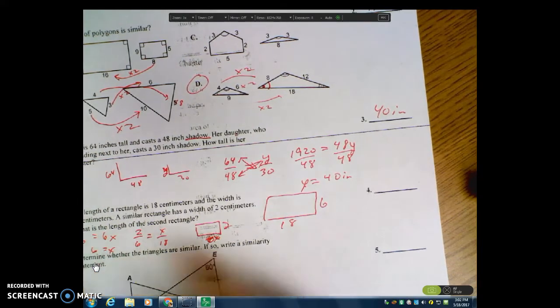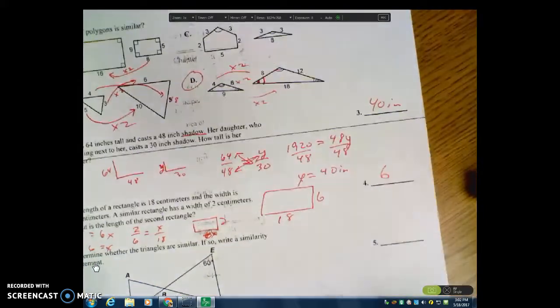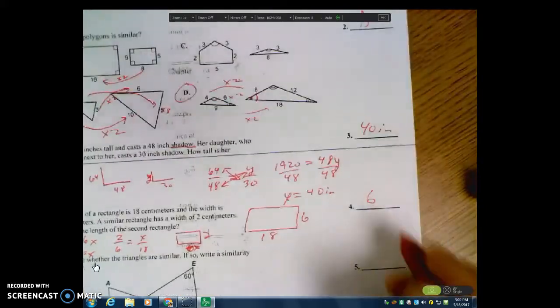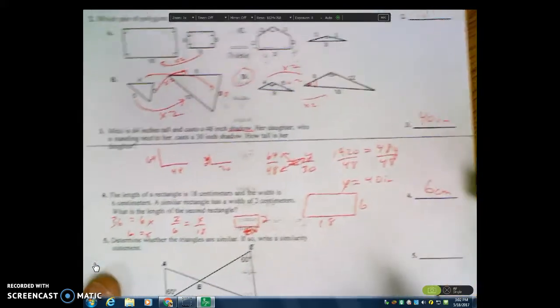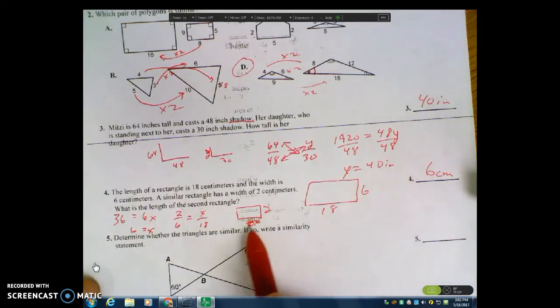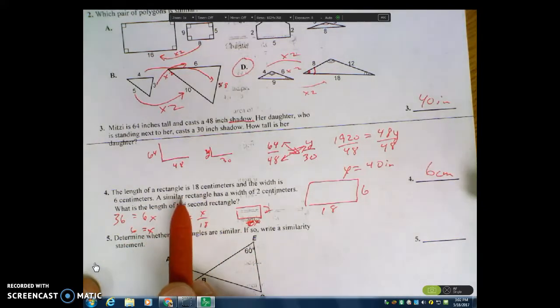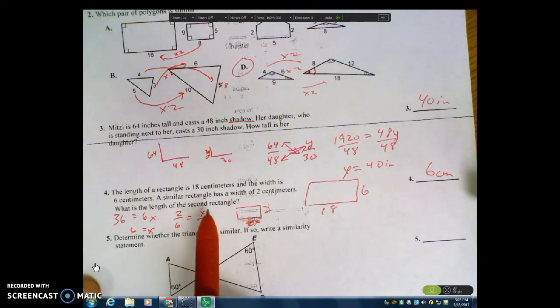Therefore, x equals 6 is what we figured out there. Okay, 6, I'm assuming, centimeters. All right. So kind of an intuitive way to think about it, and then a proportional setup. Again, I went width divided by width equals length divided by length, and I was consistent with how I did it. Small to large, small to large, small to large.